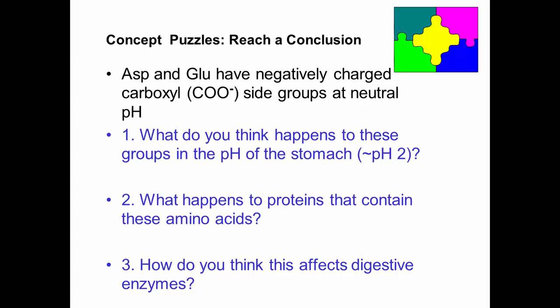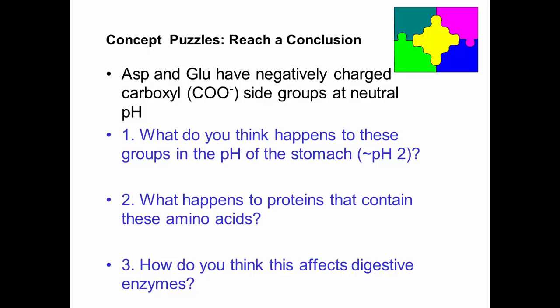And this is probably overly simplified, but important to think about: the pH of the stomach is 2, roughly 2 to 3, depending. It's a little bit variable. So you're going to drop the pH. What's going to happen to the acidic amino acids, aspartate and glutamate?